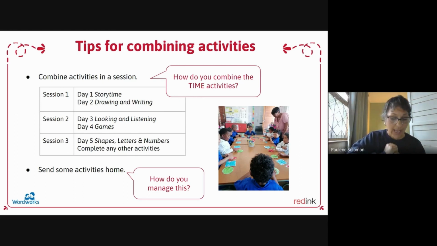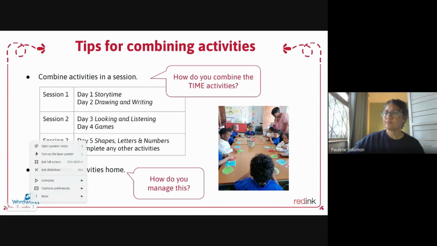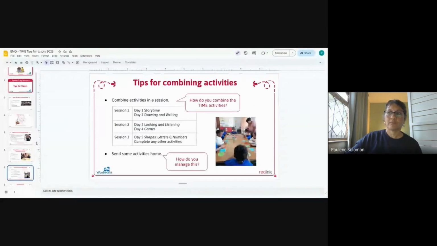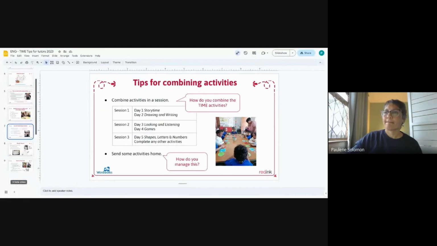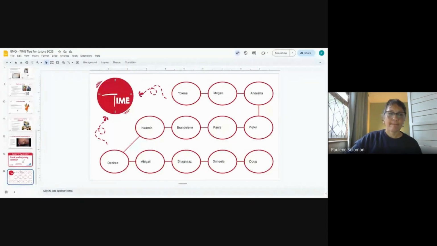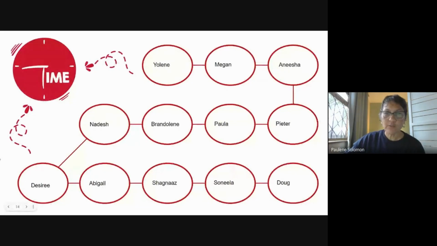So now I'm going to put up on the screen, I know you're going to have to think about it. So on the screen, I've just got our slide up so that we've got everybody in the room here.